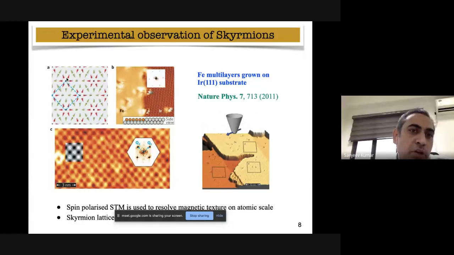There is a periodic arrangement of such objects, and the scale is shown here. So this is 3 nanometers. Essentially each skyrmion size is like 2 nanometers, 1 nanometer, and so on. So very small sized objects. In fact, these are also called nanoskyrmions sometimes because they are at the nanoscale.